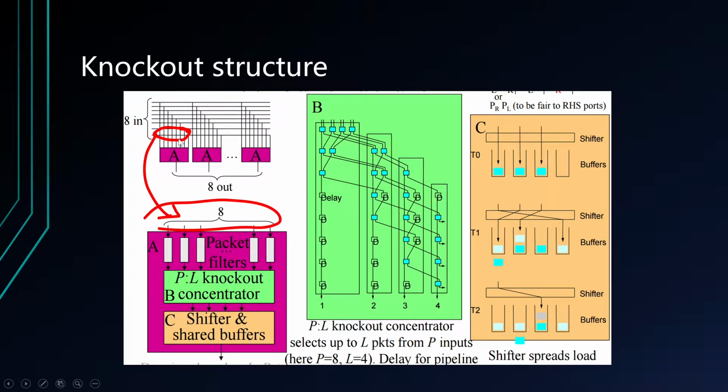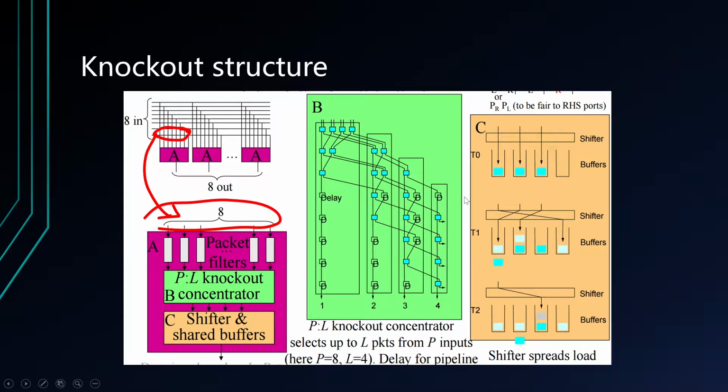Firstly, the 8 inputs pass through the packet filter, and they compete with each other in the knockout concentrators. At the end, the four winning inputs have the chance to pass through to the specific output.